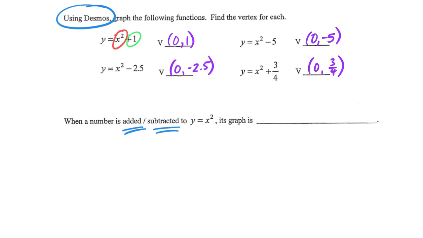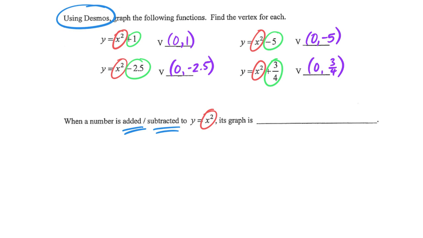All we did was add something to it. There is my x squared. We subtracted something. There was my x squared. We subtracted something. There was my x squared. We added something. I could add ugly decimals. I can add integers, subtract the same. Does not matter. All we're doing is adding and subtracting to our x squared.